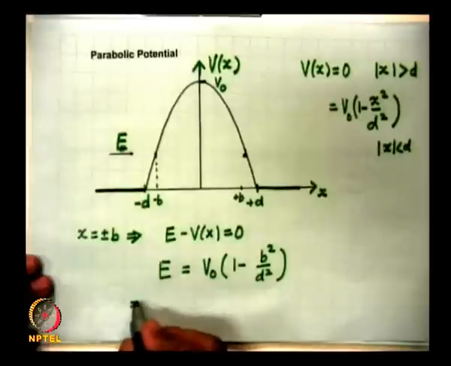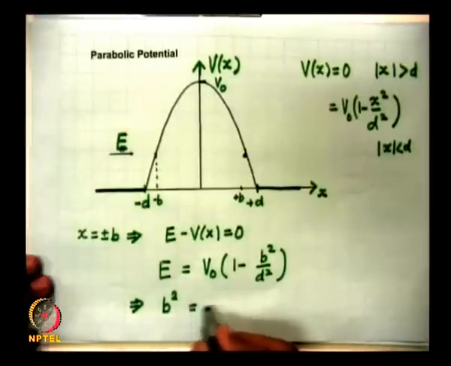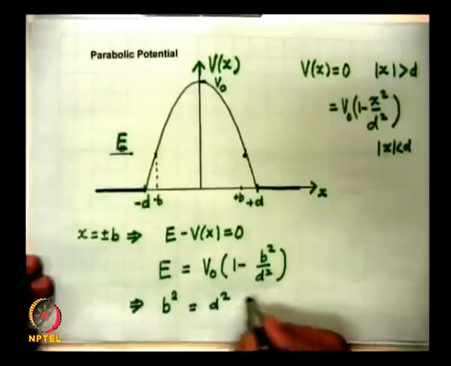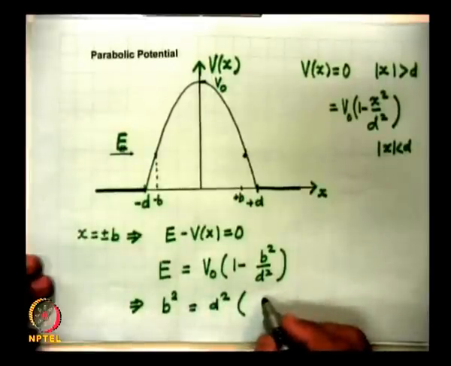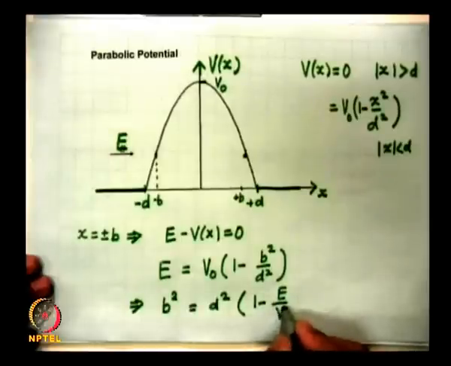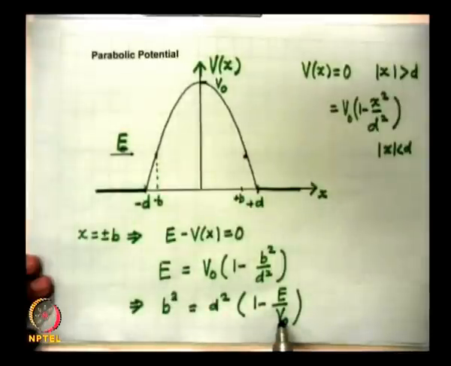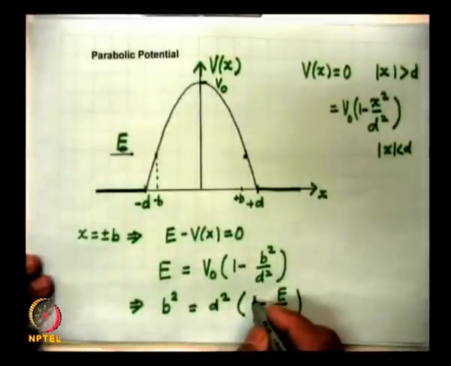So, therefore, we will get b square is equal to d square times 1 minus E by V 0. This quantity is less than 1 because E is less than V 0, so this is positive.